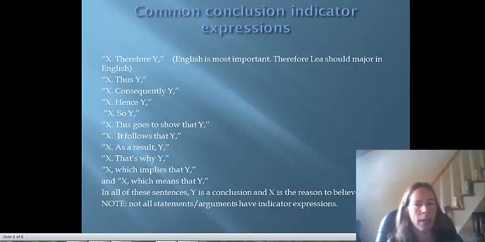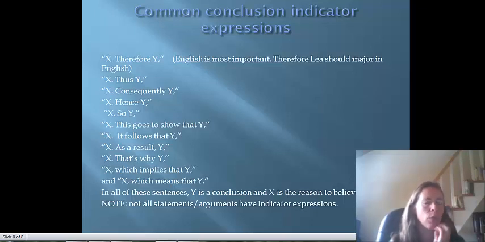And here's a whole bunch of them. Thus, consequently, hence, so, this goes to show, it follows, as a result, this is why, which implies, which means that. All of those are statements in which Y is our conclusion and X is the reason given to believe Y. Now, not every single argument or statement will have these indicator expressions.